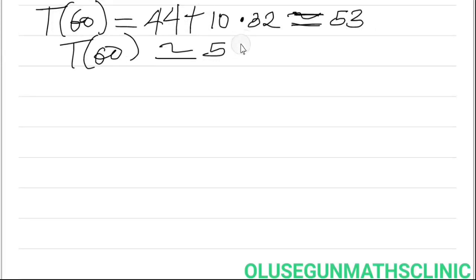Sorry, that is 53.2. Let's say 53. So T of 60 is approximately 53.